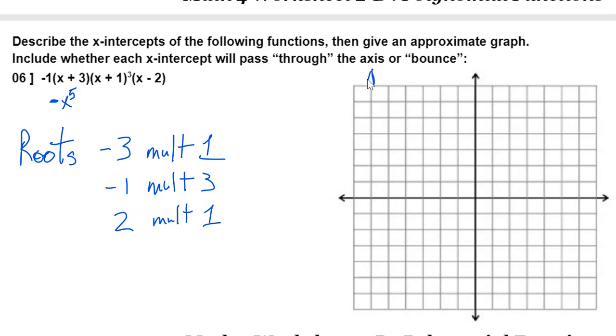That means that we're going to be coming up from this corner and going down out of that corner. And we're going to have x-intercepts at -3 and -1 and +2. And all of these are passing through, so we're just going to pass through him and go through and up and down and out.